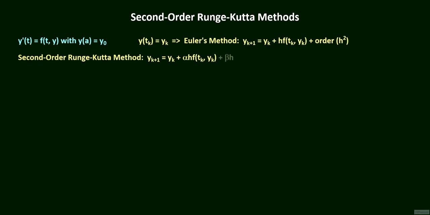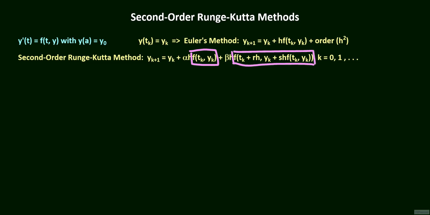Then we have the term β h f evaluated at (t_k + r h, y_k + s h f(t_k, y_k)). While f(t_k, y_k) is the tangent slope at the base point at t = t_k, roughly speaking, the factor f(t_k + r h, y_k + s h f(t_k, y_k)) is like the tangent slope at some future value of t. The coefficients α, β, r, and s are still to be determined real numbers.